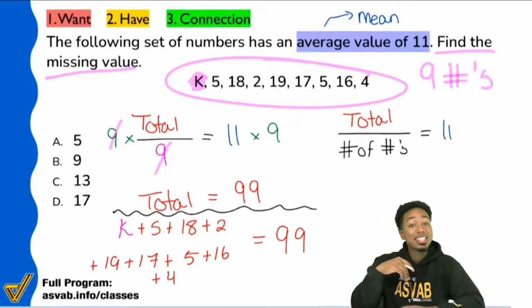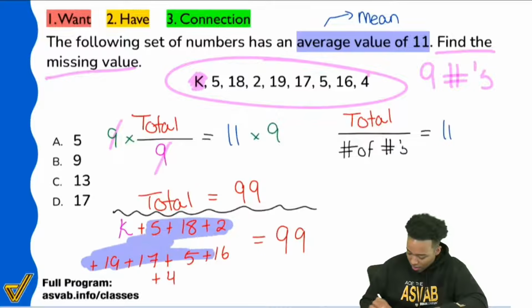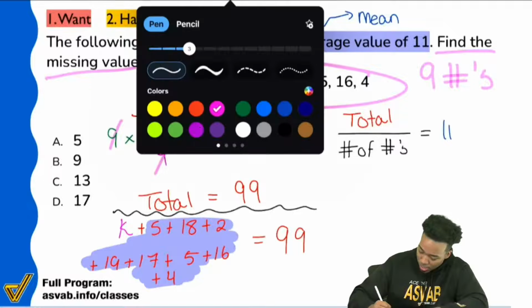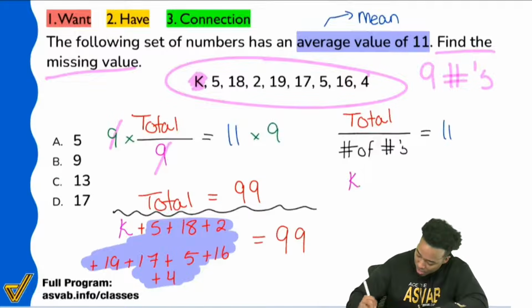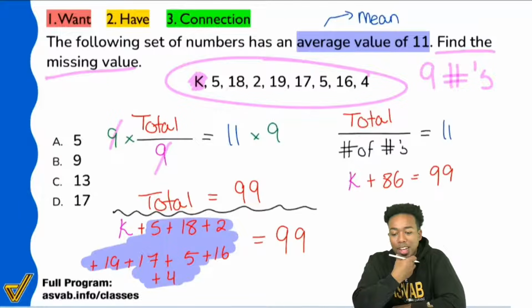Right, it's going to get us 86 without K. So if we add all of this up together, without K, that's going to be K plus 86 equals 99.